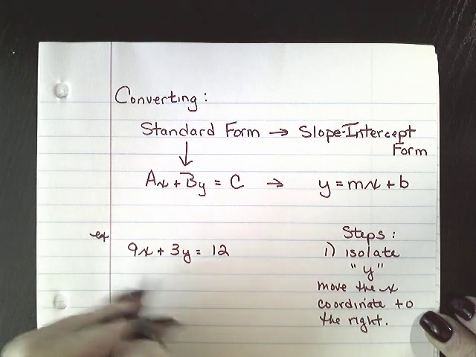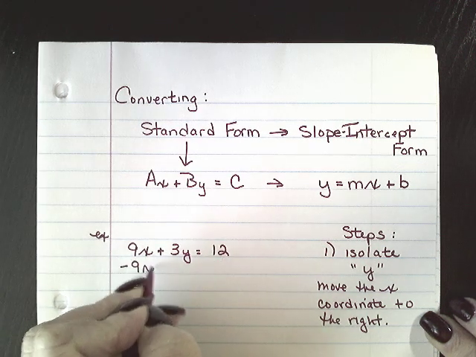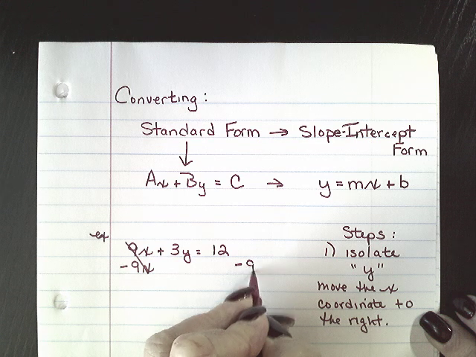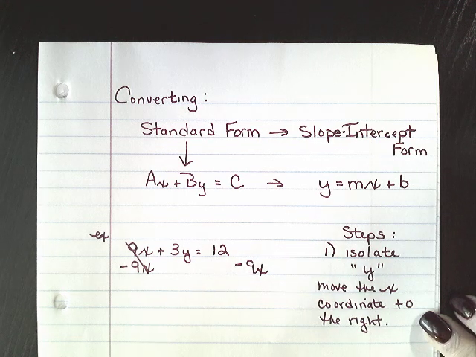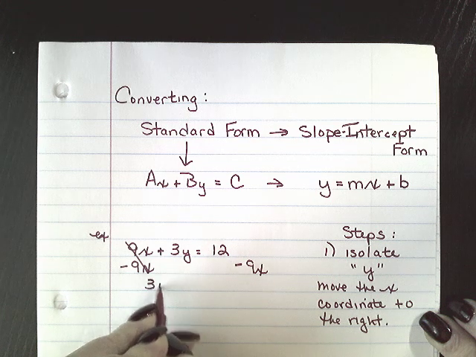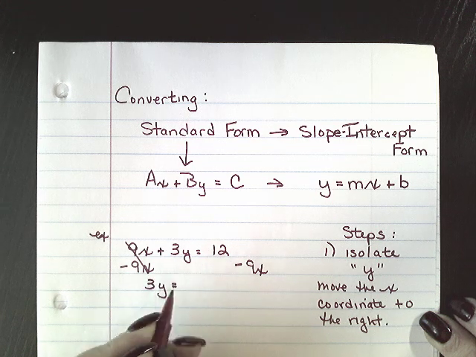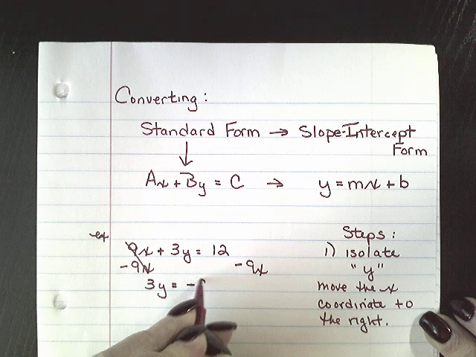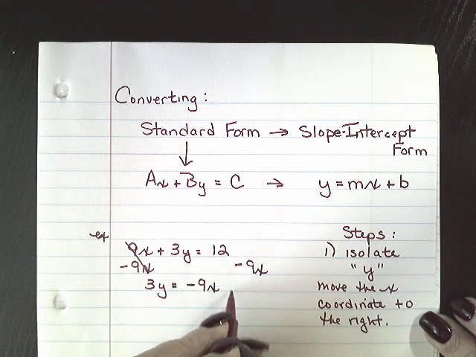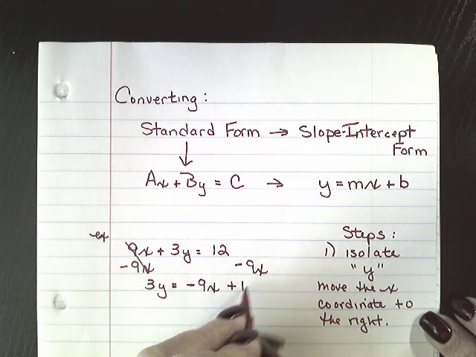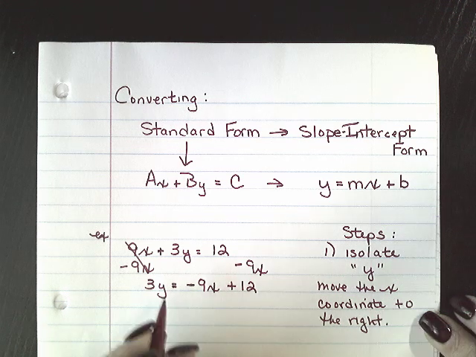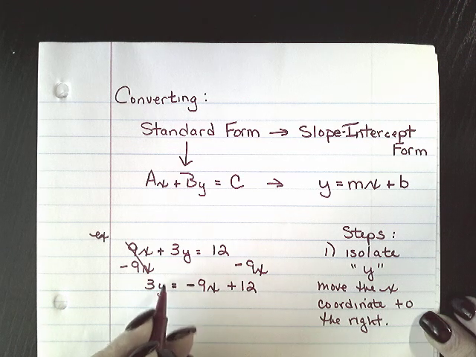So to move that x-coordinate over, I need to add its opposite. So now I'm going to have 3y equals negative 9x plus 12. Now y must be isolated.